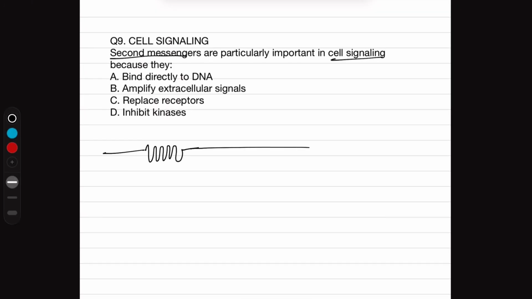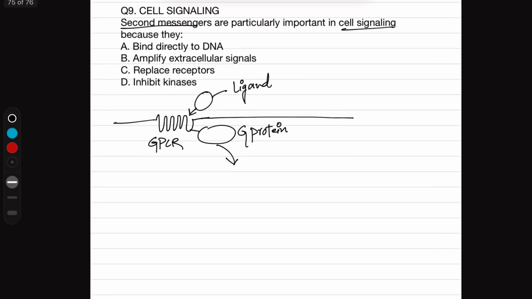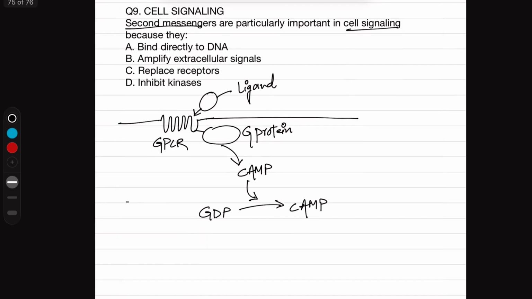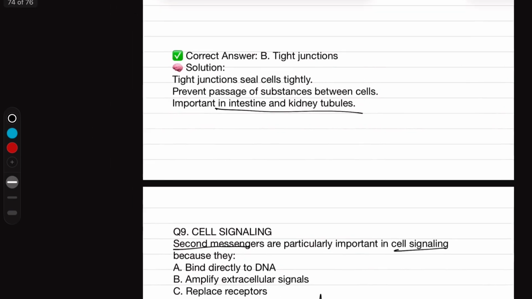Next is cell signaling. Here if I make a diagram of cell signaling, a GPCR receptor is there, ligand is there, and a ligand is coming, then G protein is getting activated, and a secondary messenger is there, which is cAMP here, and it activates PKA, and then cellular response takes place.